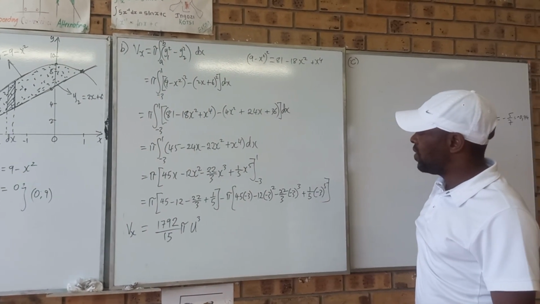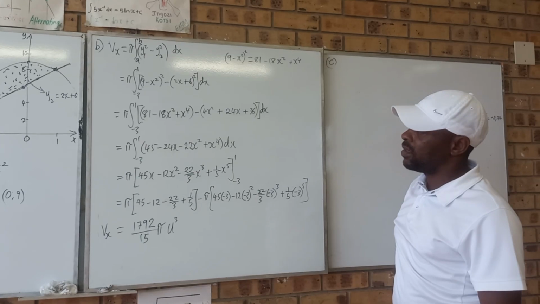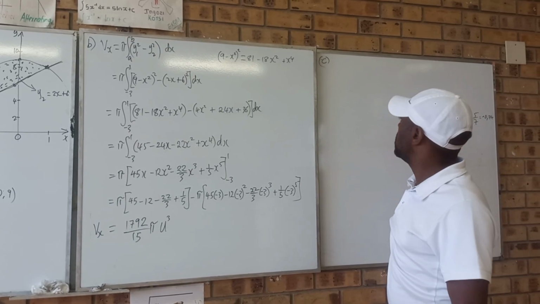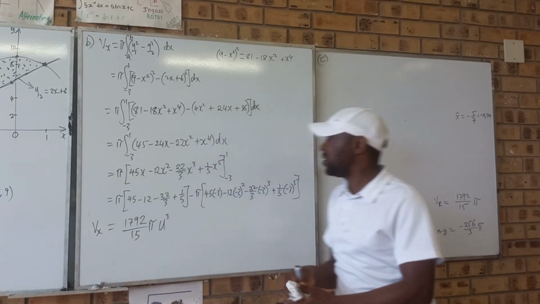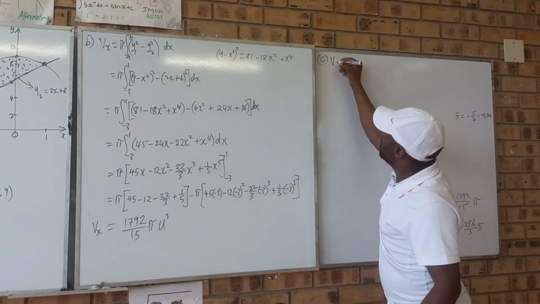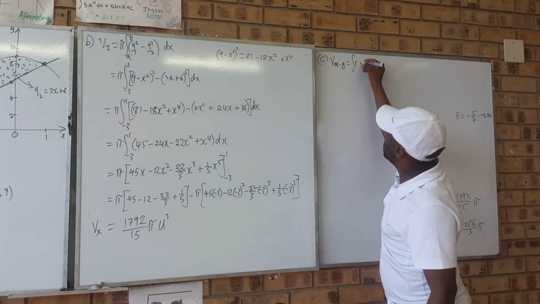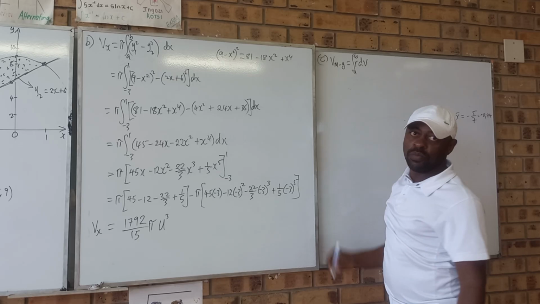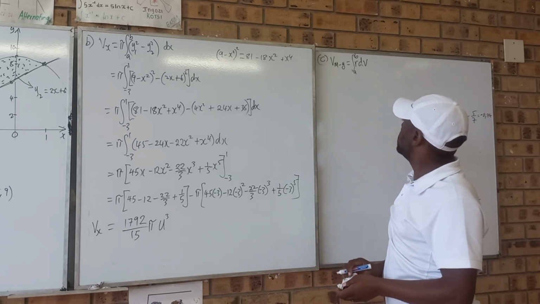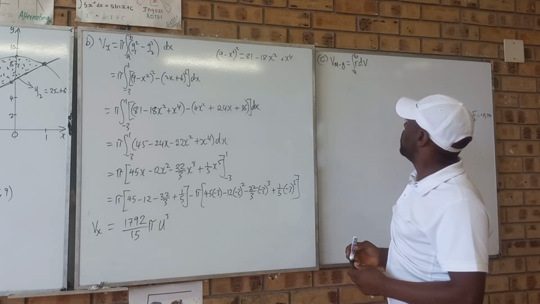If you need the volume moment about the y-axis as an NC student, you go to page 5 of your formula sheet. The volume moment about the y-axis is defined on page 5 as the integral of r dv from A to B. That is the formula for volume moment.